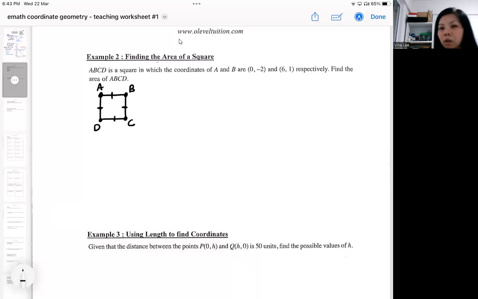And then they gave us the coordinates. This coordinate is 0, -2, and this coordinate is 6, 1. Actually, if you go and draw it out, of course, the square doesn't look like this. It actually looks something like this.